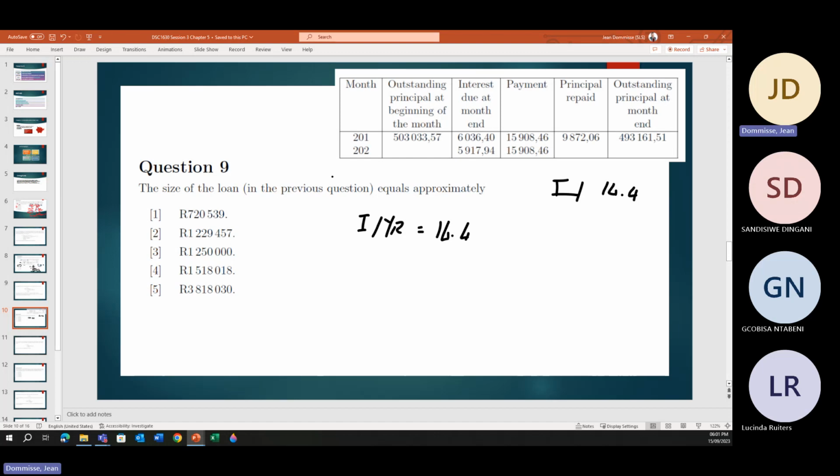We know that they said it's a bond repayment that's paid monthly and for 20 years. So we have those two components.